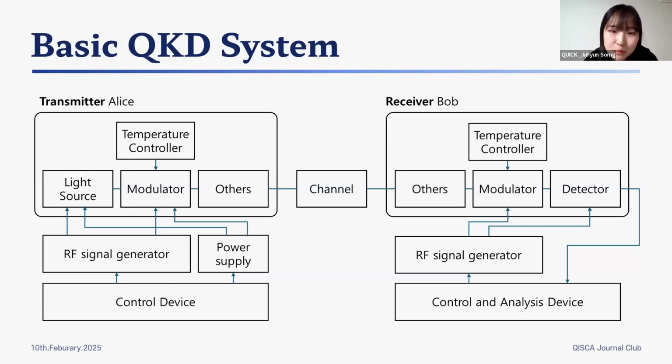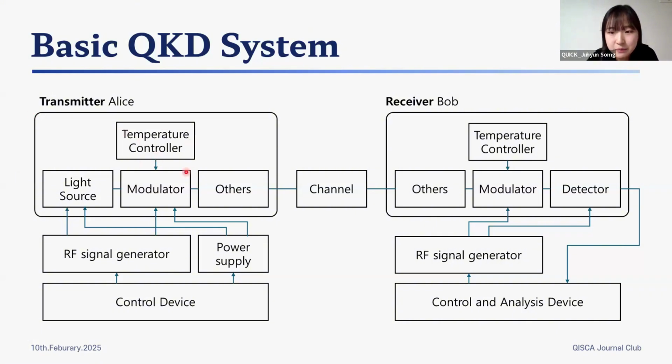Next, we have the modulator. If you're using a phase modulator, it also needs an RF signal generator to apply a voltage known as V pi to shift the phase by pi radians. One critical issue with optical fiber is that it is highly sensitive to temperature fluctuation.